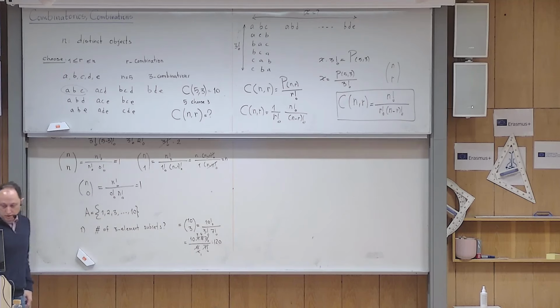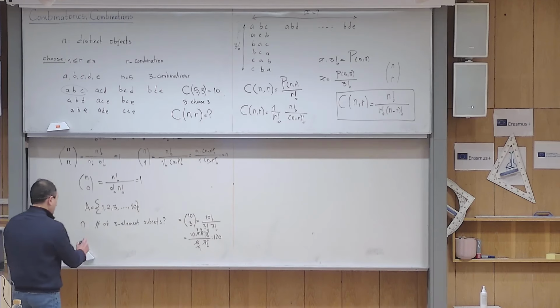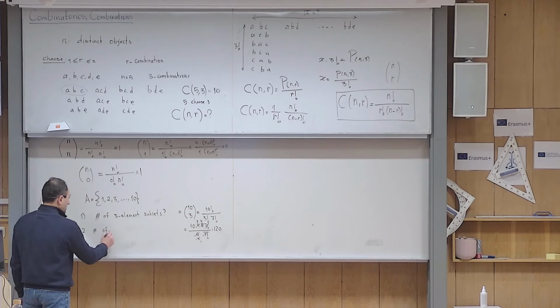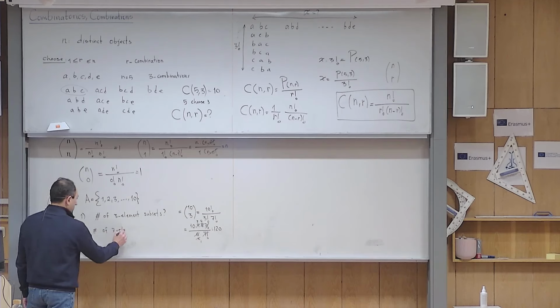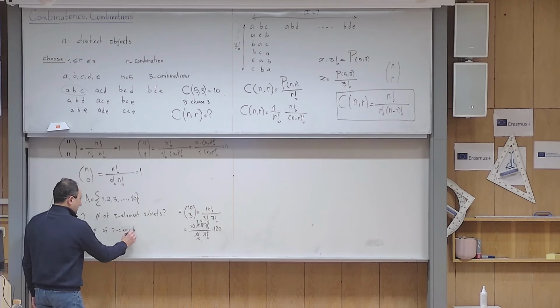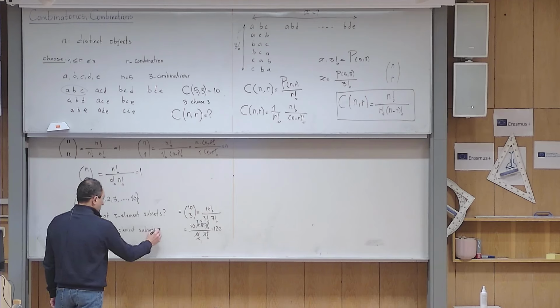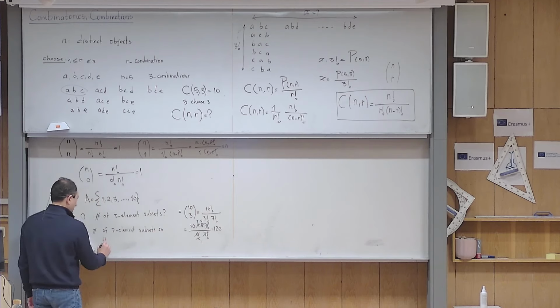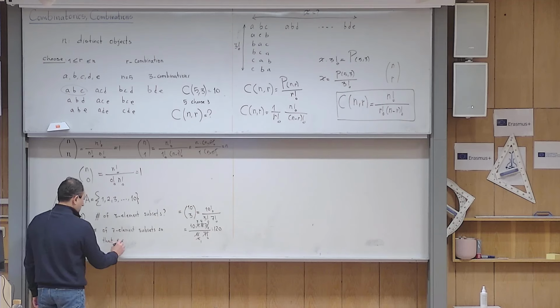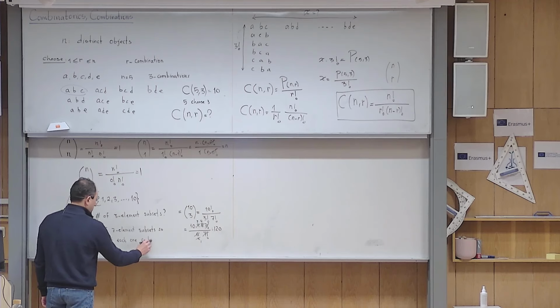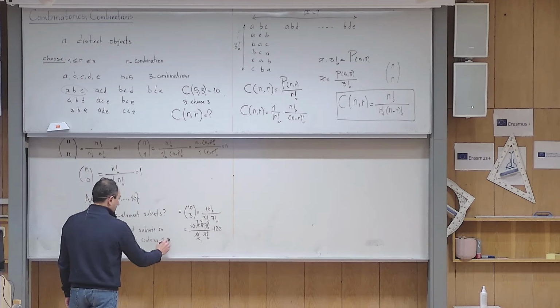Okay, so let me ask you this question. Number 2, the number of 7-element subsets so that each one contains 1 and 2.